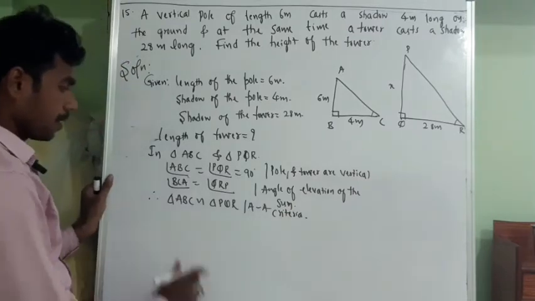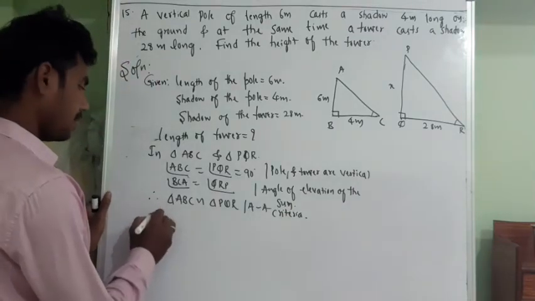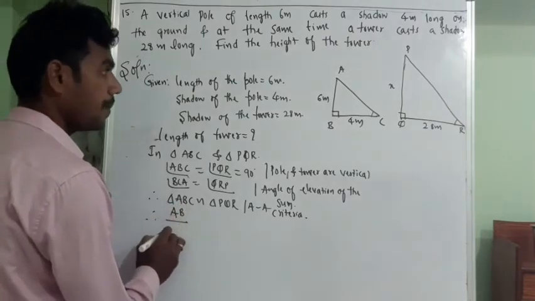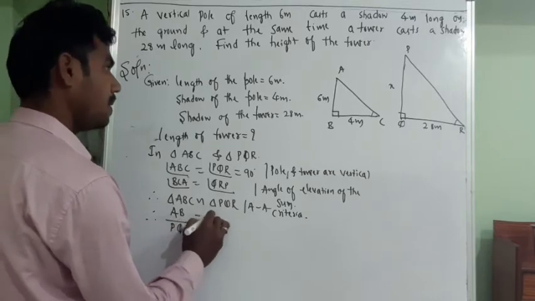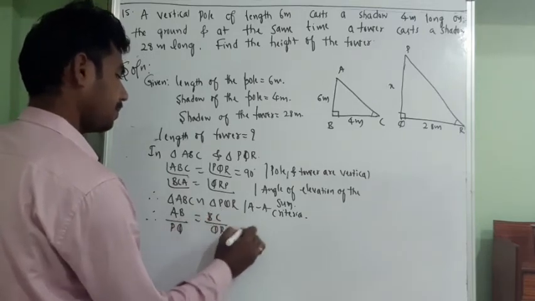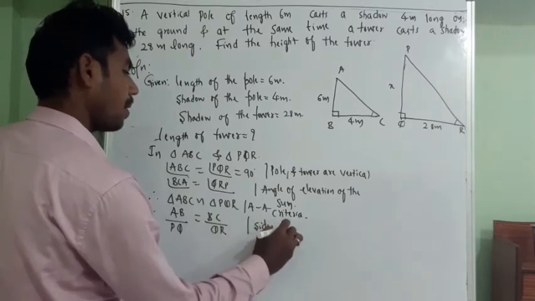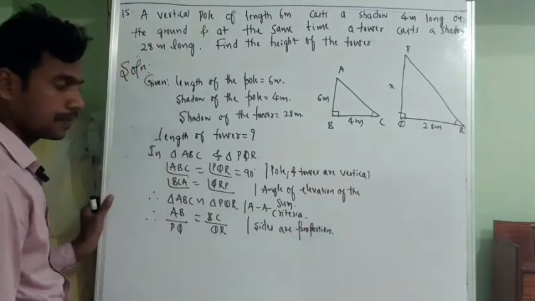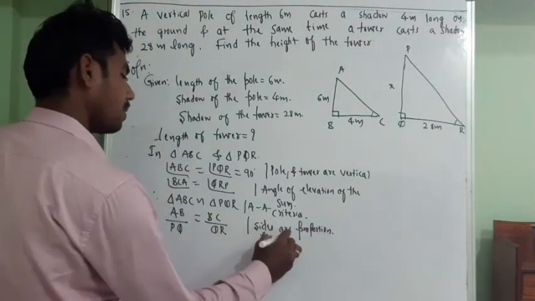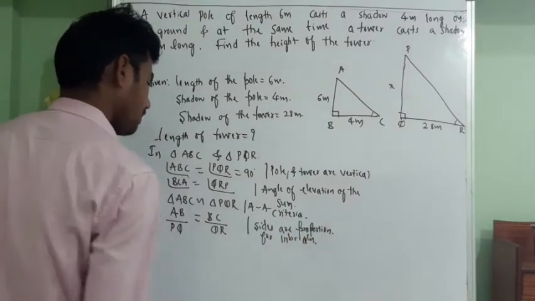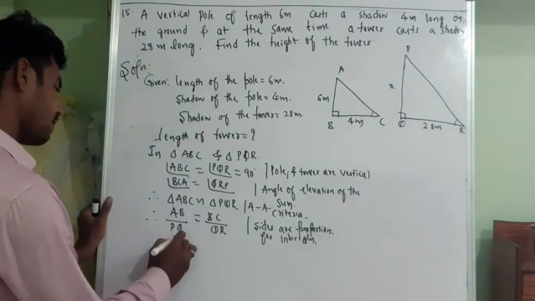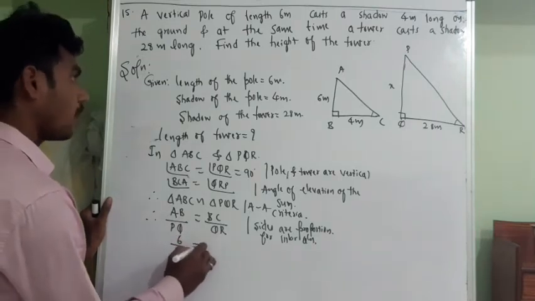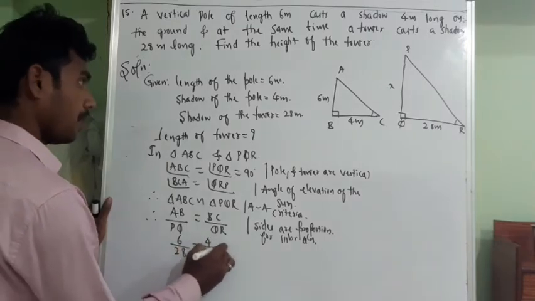Now because of that, what can I write? Their sides will be proportional. Therefore, AB by PQ is equal to BC by QR. Sides are proportional for similar triangles. Okay, what is AB here? 6. What is PQ?